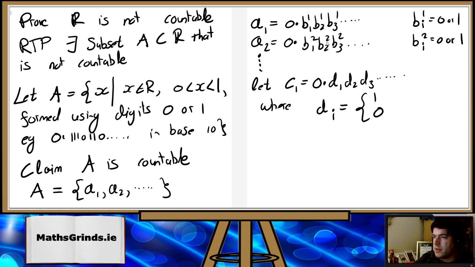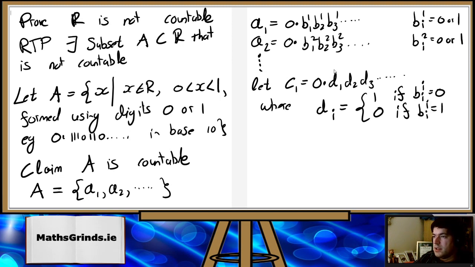Then we go on to the second one. If the second is a 1, then we use a 0, and if it's 0, we use a 1. So we use 1 if B_ii is 0, and we use 0 if B_ii is 1.